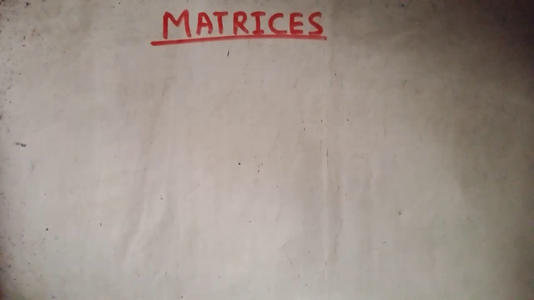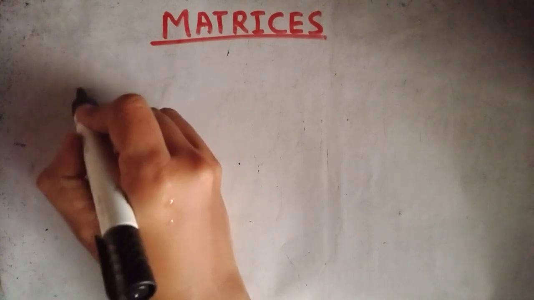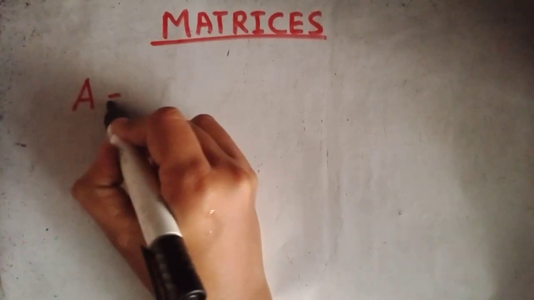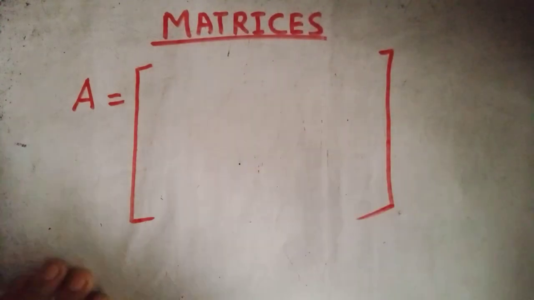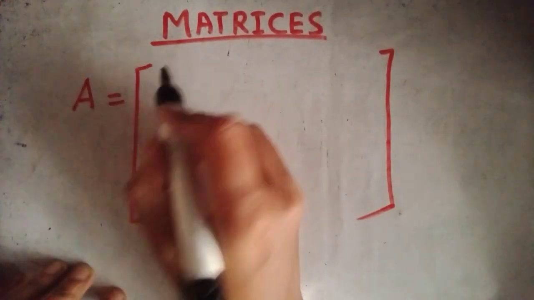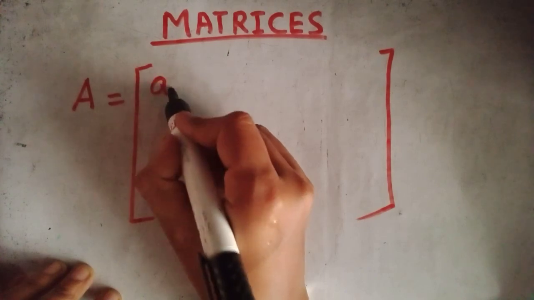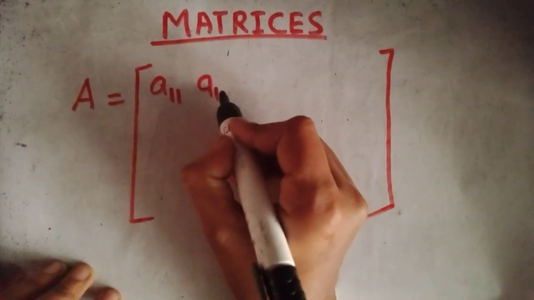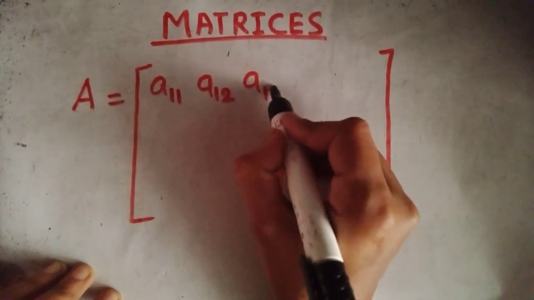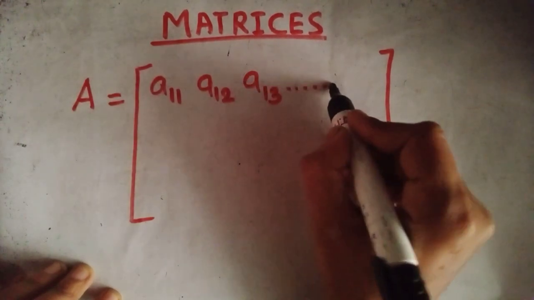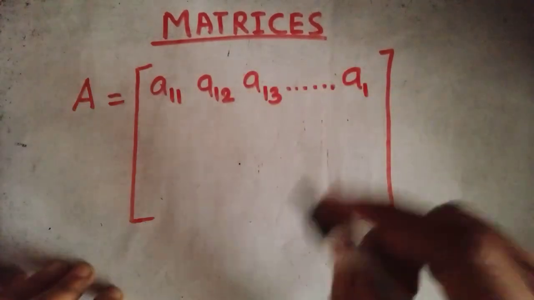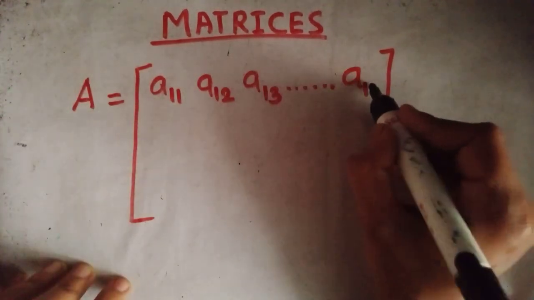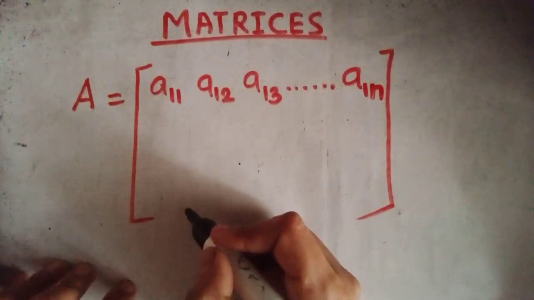Now let's write the general form of a matrix. Matrix A symbol is like this, like a box you have to draw. The entries are given by A11, A12, A13, and so on. If the column and the order is specified, the last entry in the first row will be A1n.